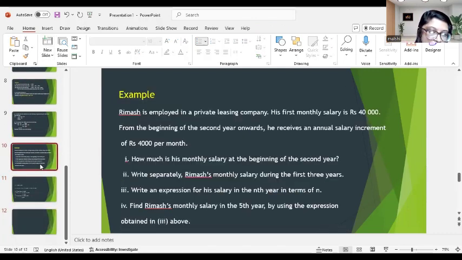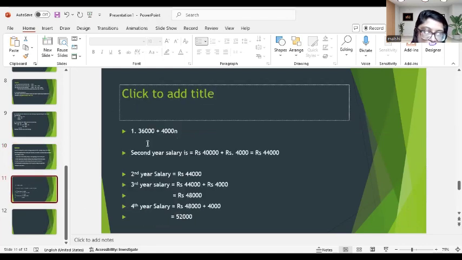Okay. Then another question is, write an expression for his salary in the nth year in terms of n. Well, actually, I already found that this is the general term, no? Hope you can understand. So how can you find the general term?